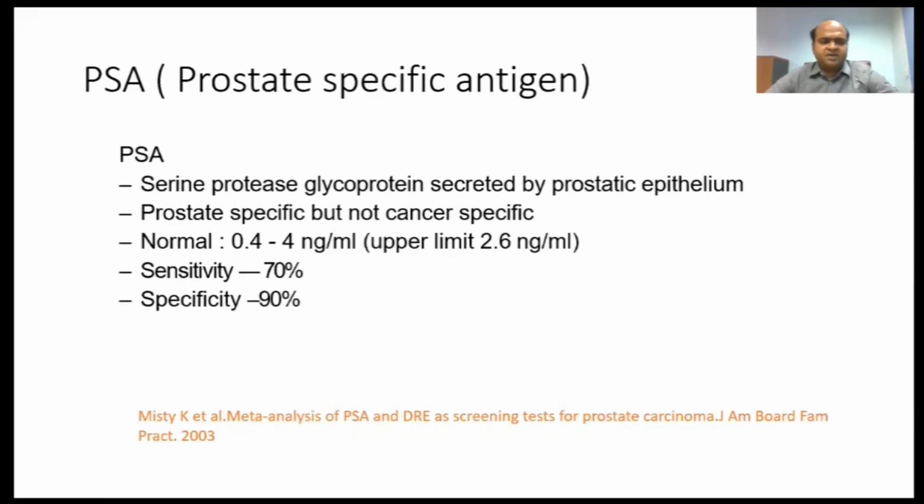The normal value of PSA in males is 0.4 to 4 nanogram per ml, and this value depends on many factors like size of the prostate and age of the patient. It has a sensitivity of 70% and specificity of 90% to detect prostate cancer. Again, the sensitivity is on the lower side, as we have seen in DRE.